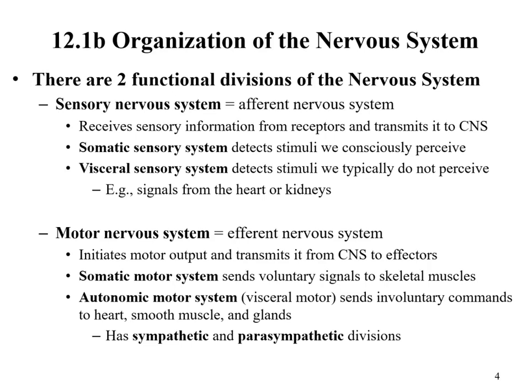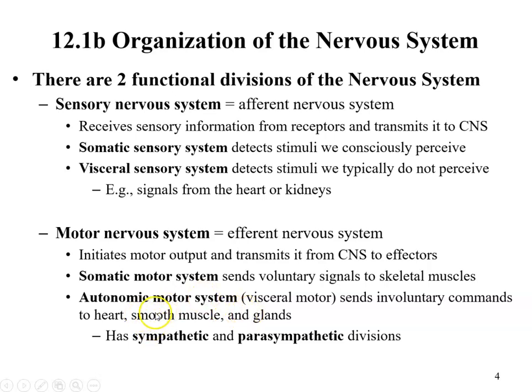The motor nervous system is going to initiate motor output and transmit it from the CNS to the effectors. So you have the somatic motor system and the autonomic motor system, or the visceral motor system. The somatic motor system is going to send voluntary signals to skeletal muscles. The autonomic motor system is going to send involuntary commands to the heart, smooth muscle, and glands.